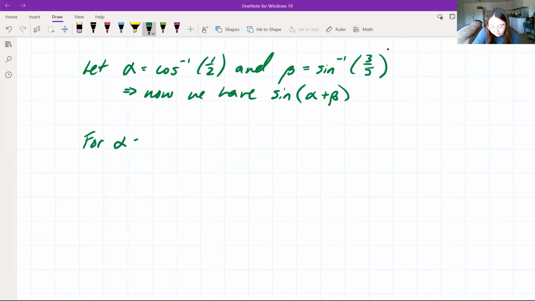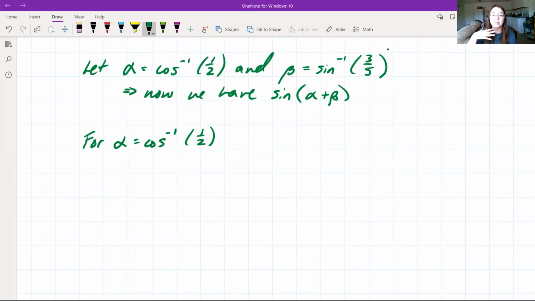So for alpha equals cosine inverse of 1/2, let's first rewrite it and then we'll define our interval. We can take cosine of each side.